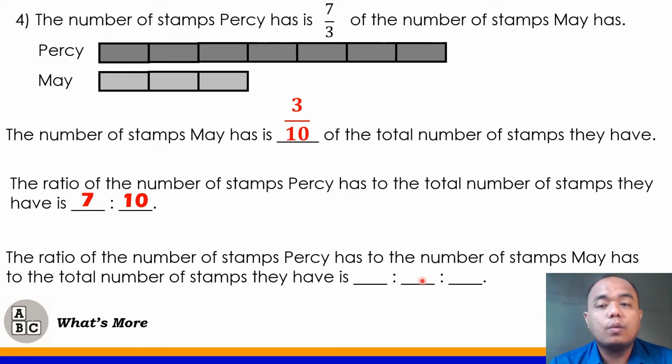Yung pangalawang quantity natin dito naman ay yung stump naman ni May. At yung third quantity natin dito ay ang number of stumps nilang dalawa. Kay Percy ay 7. Yung pangalawa ay 3. At yung pangatlong quantity ay 10. So yung tamang sagot ay 7 is to 3 is to 10. So that is for number 4.